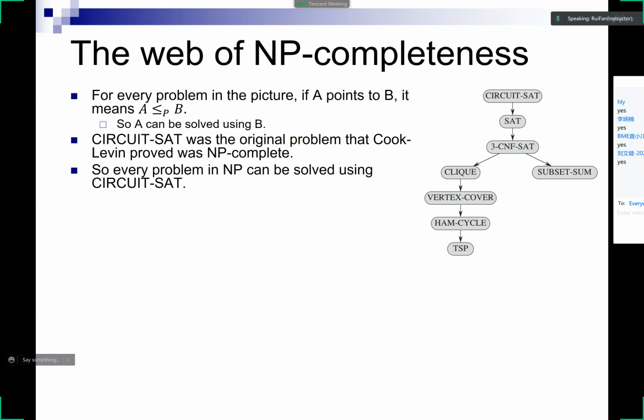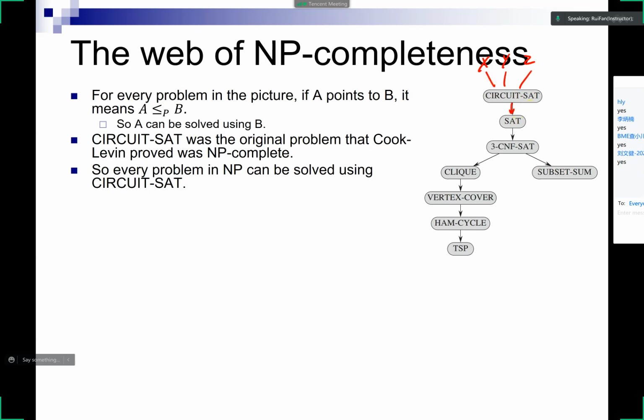So Cook and Levin showed that basically any NP problem, suppose you have a bunch of NP problems, let's call them X, Y, and Z, they're all going to reduce down to circuit SAT, so X, Y, and Z can be solved using circuit SAT. And furthermore, because we have this arrow here, circuit SAT can be solved using SAT.